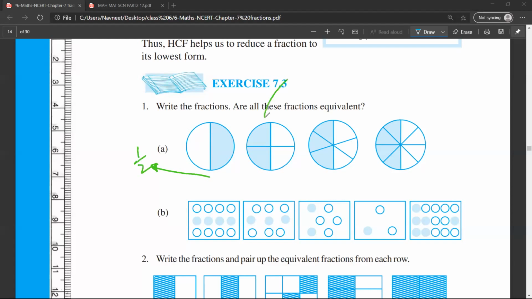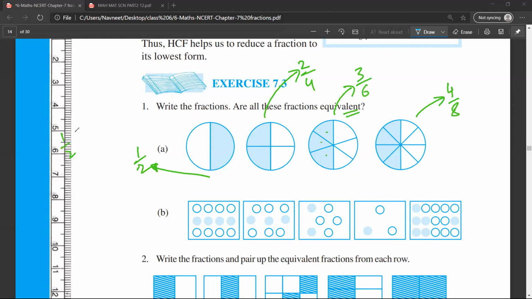I can write this as 2 by 4. This I can write as 3 by 6. Perfect. I can write this as 4 by 8. Are these equivalent? Yes, sir, they are equivalent.